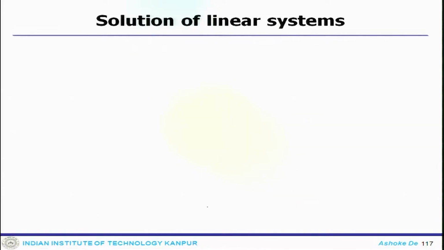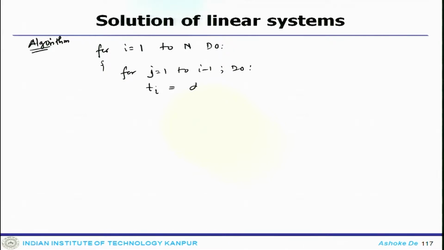So, what could be the algorithm to find out the forward and backward solution in the DILU method? You go by a loop 1 to n, and you do the following. You go for another loop j from 1 to i minus 1, and then you calculate Ti, which is Dii inverse times Ri minus Lij multiplied with Tj.